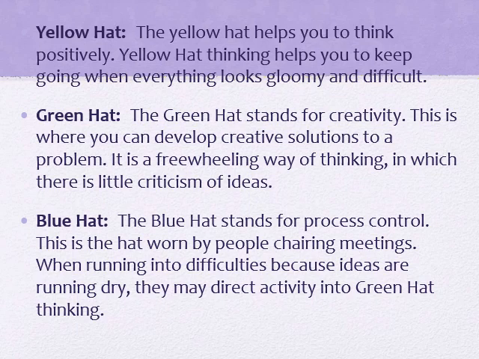The green hat stands for creativity, where you develop creative solutions to a problem. Then the blue hat, where you're controlling a process. So when people run into difficulties because ideas are running dry, they can move into green hat thinking, or if they're in a position of leadership, they can move into blue hat thinking as well.